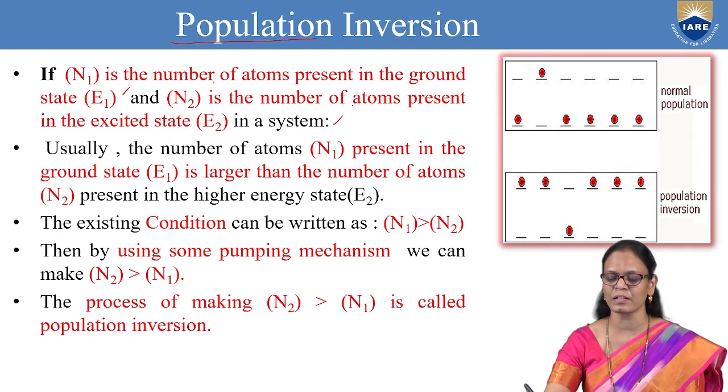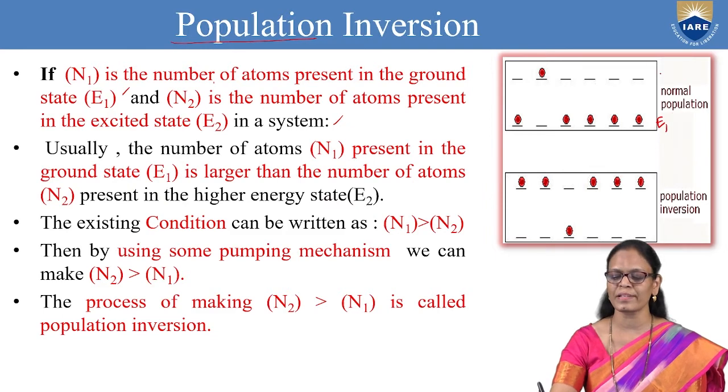And N2 is the number of atoms present in the excited state. If you see here, this is the ground state E1, and this is the excited state E2. These are the atoms present in the ground state, and I say the population is N1 here. There are very few atoms in the excited state, that is N2.